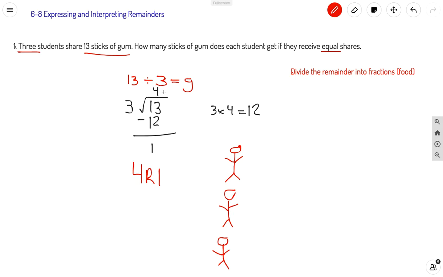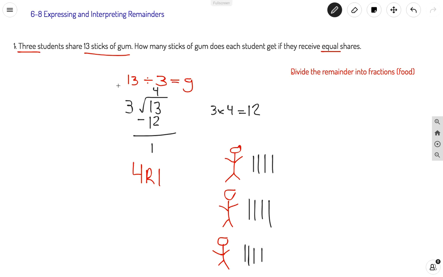So everyone gets at least 4 sticks of gum. We can see this by drawing it out. So this person gets 1, 2, 3, 4 sticks of gum. This person gets 1, 2, 3, 4 sticks of gum. And this person gets 1, 2, 3, 4 sticks of gum. So I have 1, 2, 3, 4, 5, 6, 7, 8, 9, 10, 11, 12 sticks of gum.